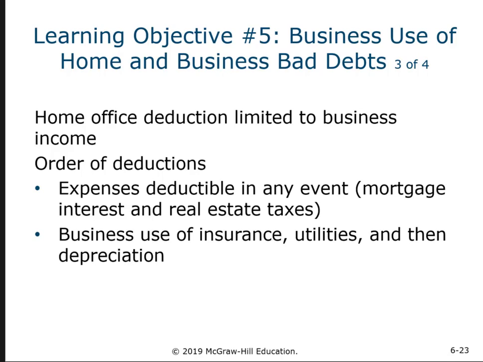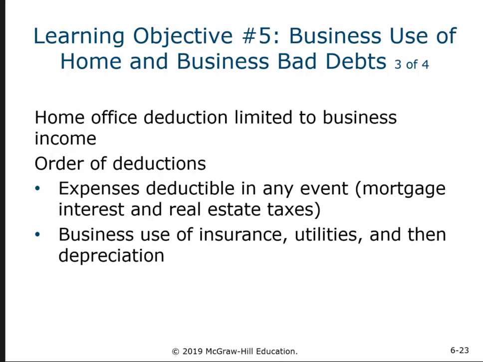Any more than that has to be carried over. It cannot be deducted in the current year. You have to wait and try to deduct it next year if there's enough income in the following year. As a lot of home businesses are not making a whole lot of money, this could be a very real issue.